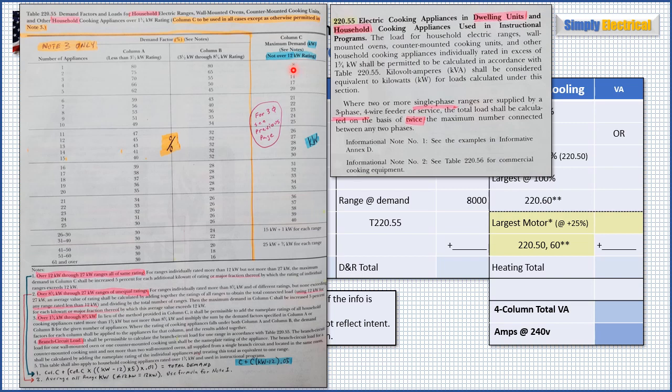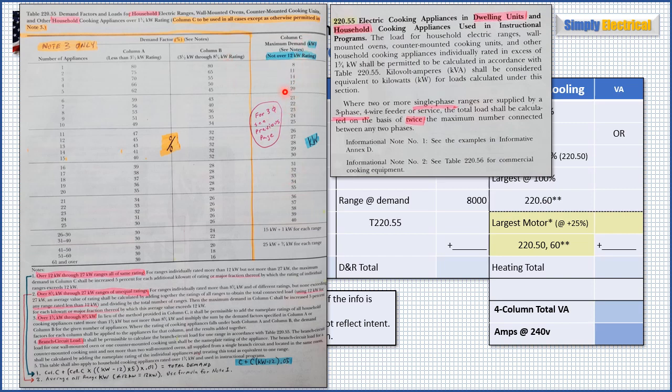You might have a range, a wall oven, and a cooktop. So you might have 3 in one kitchen. And if you had 3 of them, and they're all under 12 kW and over 1 3/4, then you just use 14,000 watts, 14 kW as your unit value. So that is the easiest way to use this table.